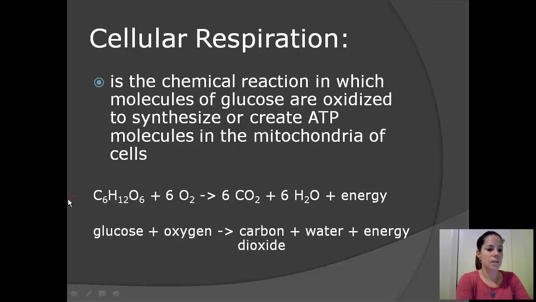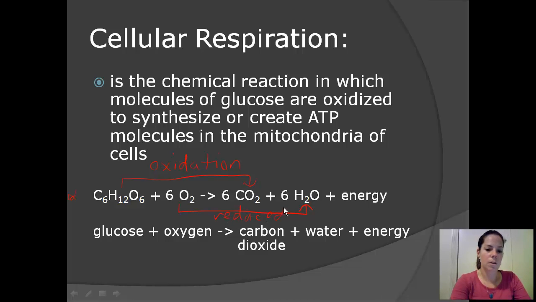Now this here is a balanced chemical equation for cellular respiration in which glucose becomes completely oxidized to carbon dioxide. So this is the oxidation process here. And the oxygen becomes reduced to water molecules.